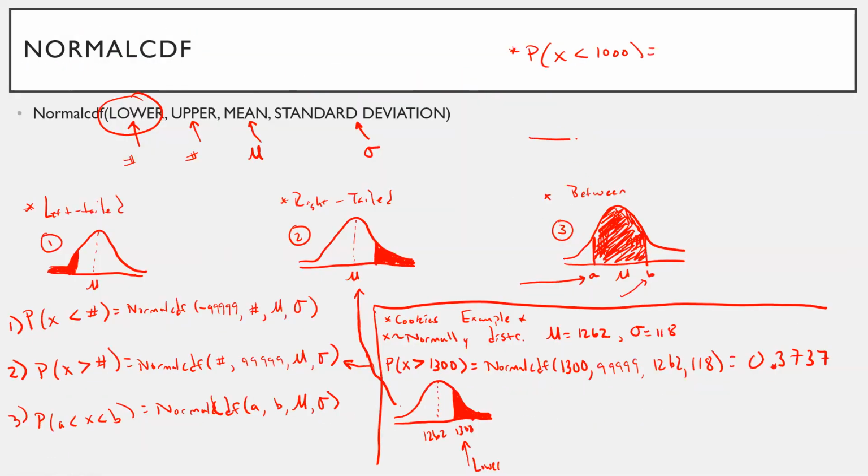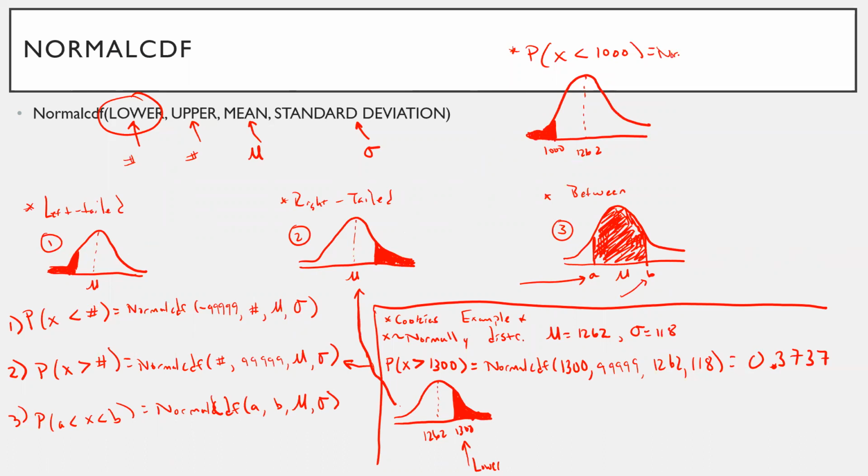So look, this is why I think the drawing really helps. You're at 1262, and you want to be less than 1,000. So this looks like problem number 1 here. Look, X is less than 1,000. X is less than a number.